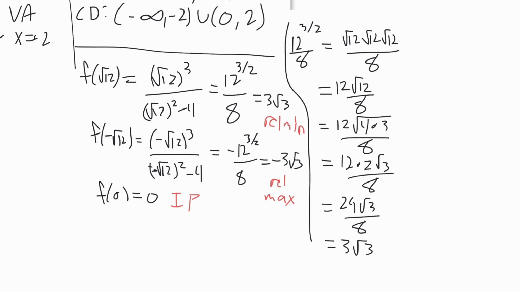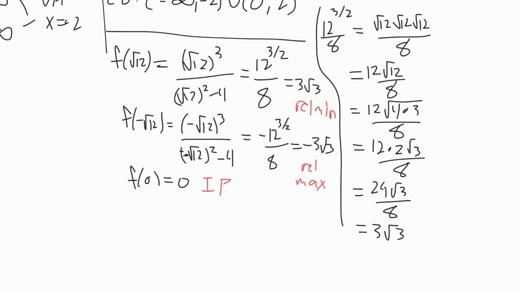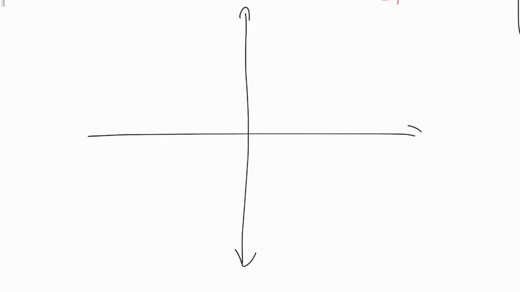So let's go ahead and combine all this information and sketch the graph. So we've got a big set of axes here. Make sure not to crowd your graph. Here's x and f of x.